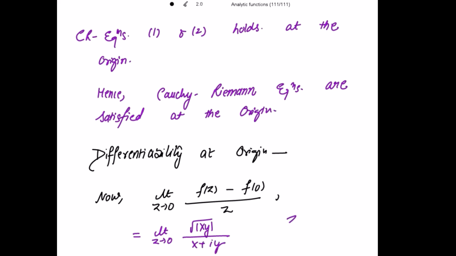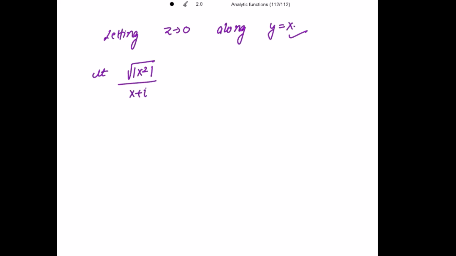Let's take z tending to 0 along y equal to x, along this line. So this is limit of square root of mod of x into y, where y is x, divided by x plus iota y. Instead of y I am writing x, and because everything is in x, we write x tending to 0 in place of z.